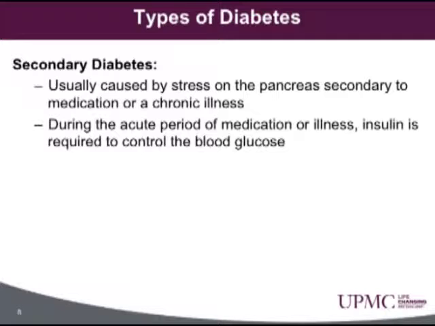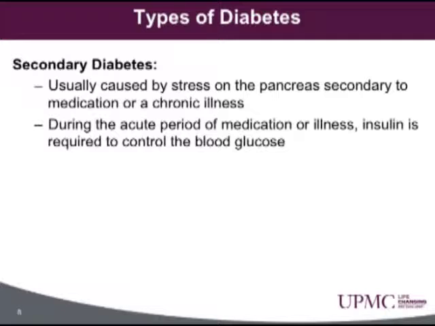So how is diabetes diagnosed? There are several different tests that physicians can order for diagnosis. The first one we have the fasting blood glucose. So it's a fasting blood test, fasting meaning you don't have anything to eat, at least for 8 to 10 hours.